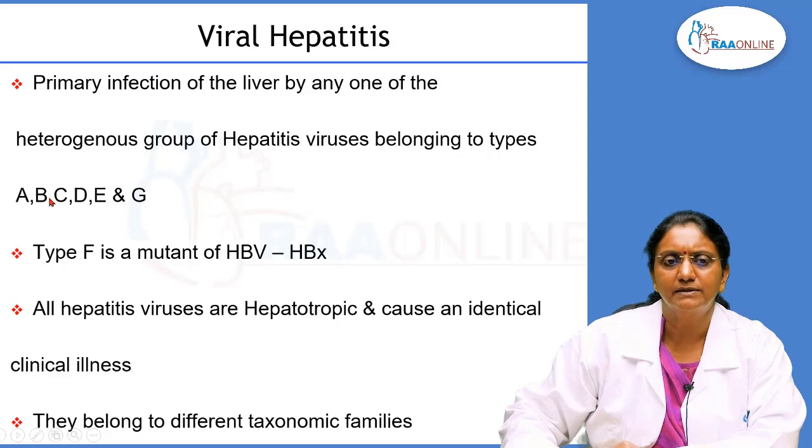All these viruses from A to G without F belong to different taxonomical families. Each one belongs to a different family. As we go through this presentation, we will see that, but they're all grouped together under hepatitis viruses because they all cause a common clinical illness known as hepatitis, which is characterized by fever, vomiting, jaundice, elevated liver enzymes and other features.